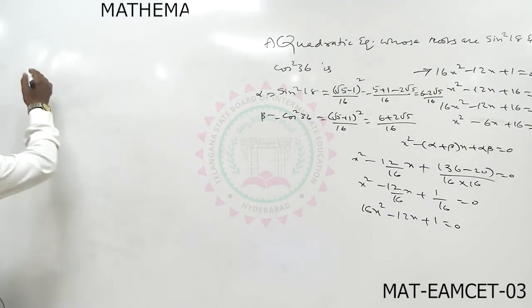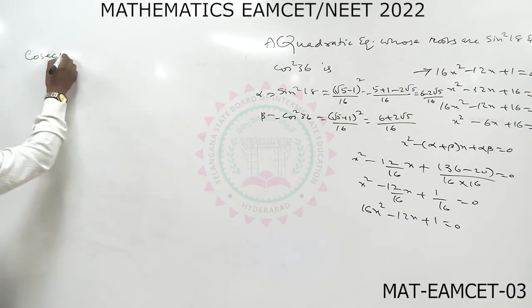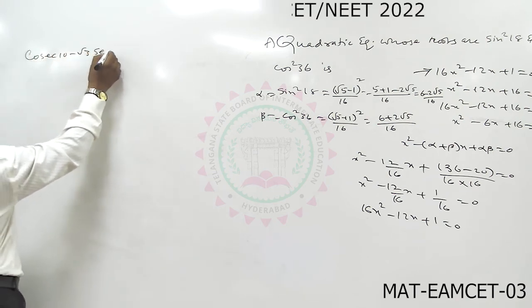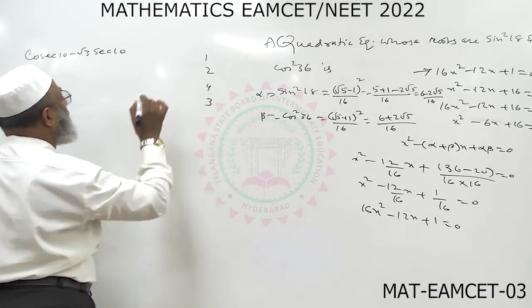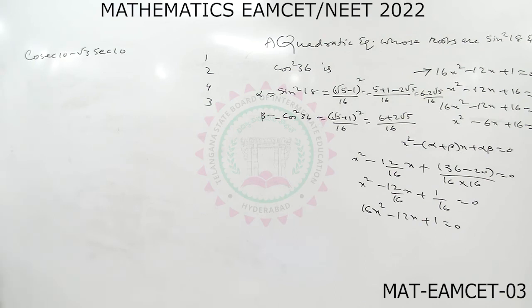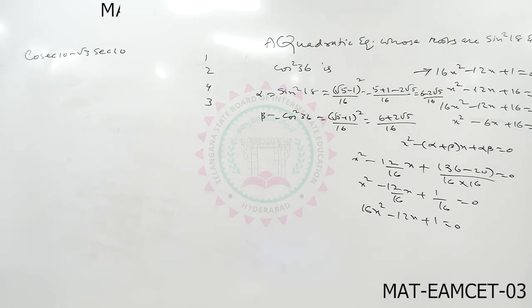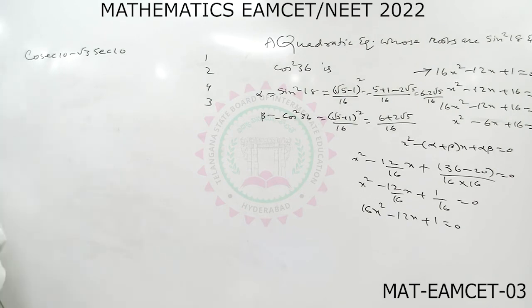Next is cosecant 10 minus root 3 secant 10. Answer options are 1, 2, 4, 3.